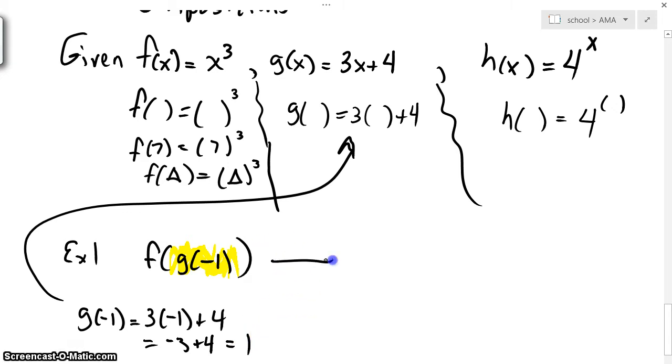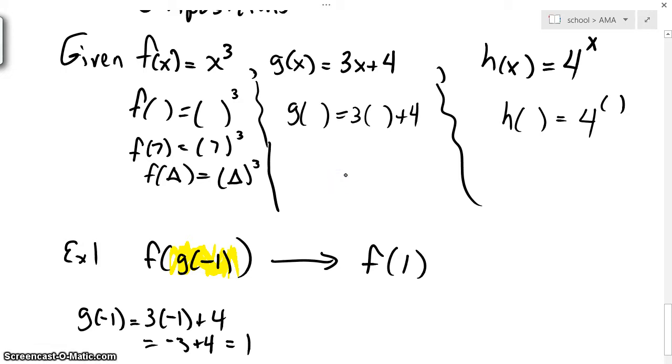Well, what we now know is that that inside portion that I just highlighted, g of negative 1, is really equivalent to just 1 itself. So now we're going to evaluate what f of 1 is. But we're going to now approach from this side and say, well, f of a blank equals blank cubed.